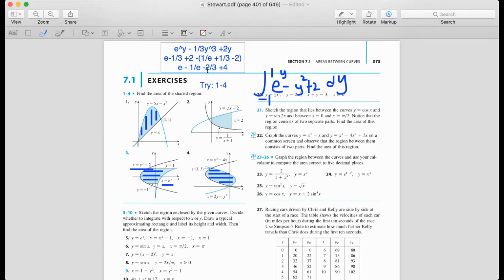So just simplify those two numbers. Can you do 4 minus 2/3? Right? So just simplify this.